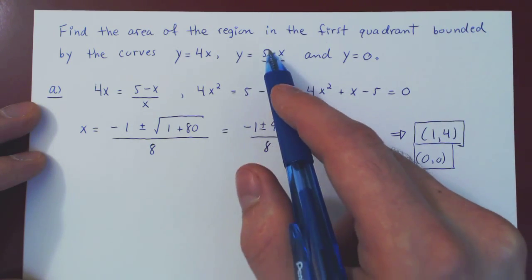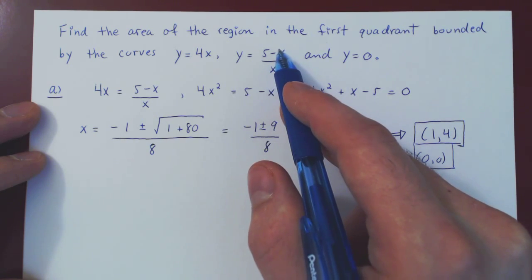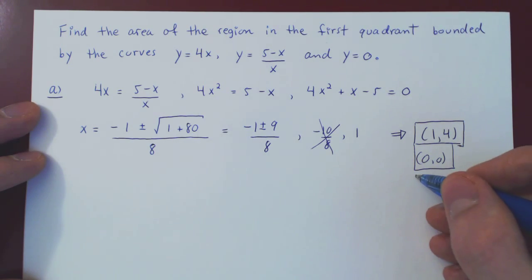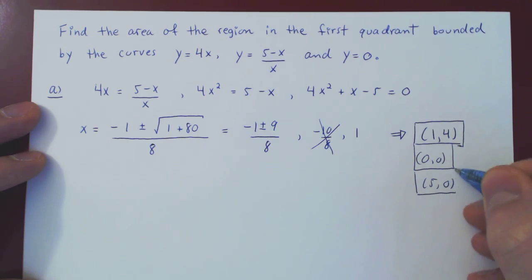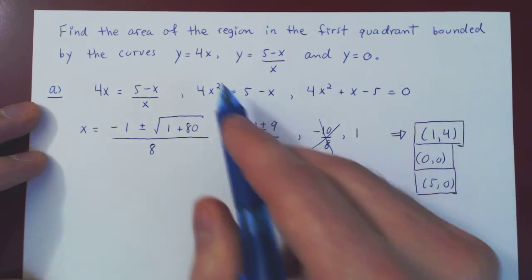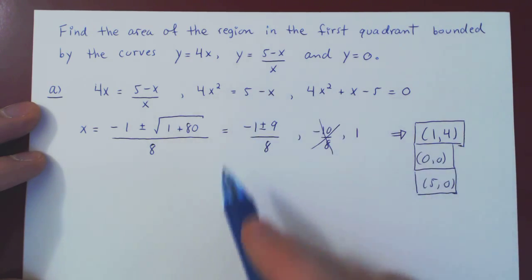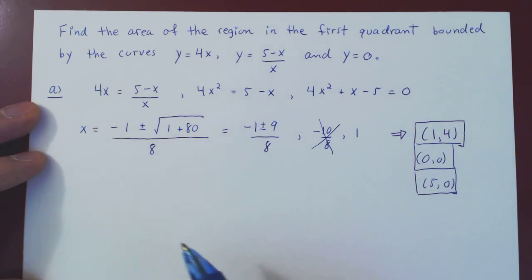Well, as it is a fraction, it can only be 0 if the numerator is 0, and clearly 5 minus x is 0 if x equals 5. So we have the point x equals 5, y equals 0. This is the 0 of 4x, this is the 0 of (5 minus x) over x, and this is the point of intersection between our line and this curve.